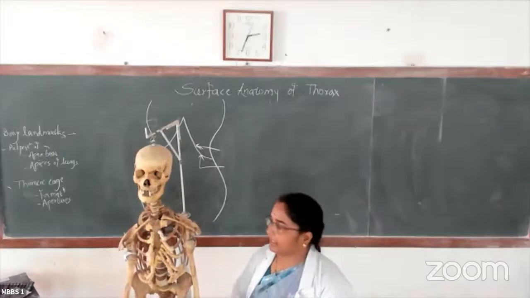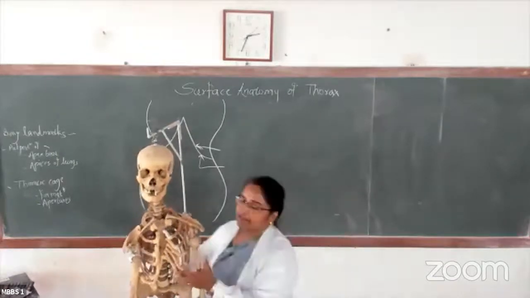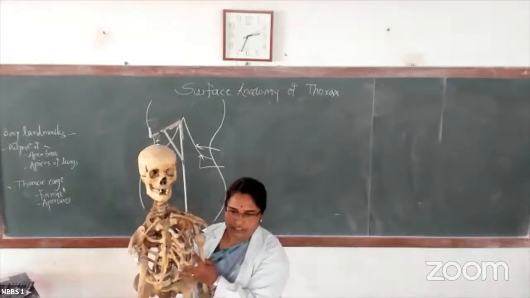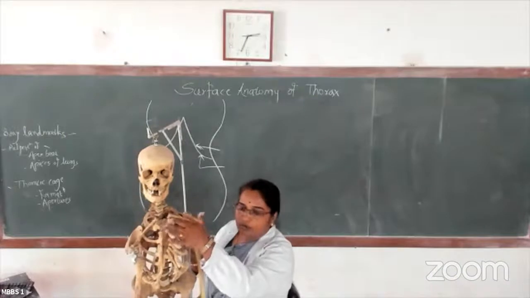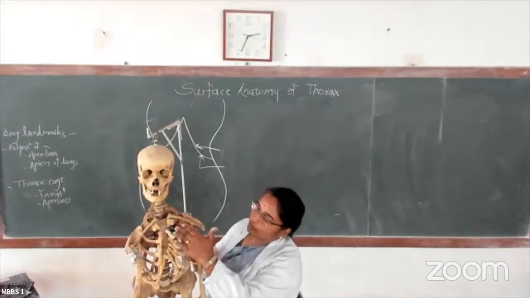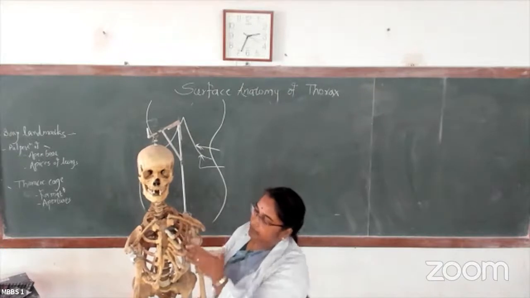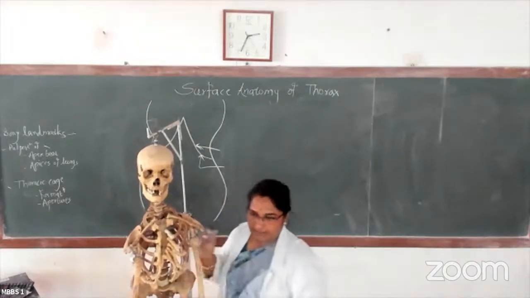Now the apex beat is present in the left fifth intercostal space. From the sternal angle, how to count the ribs and intercostal spaces I told you. So go downwards, then count to the left fifth intercostal space.